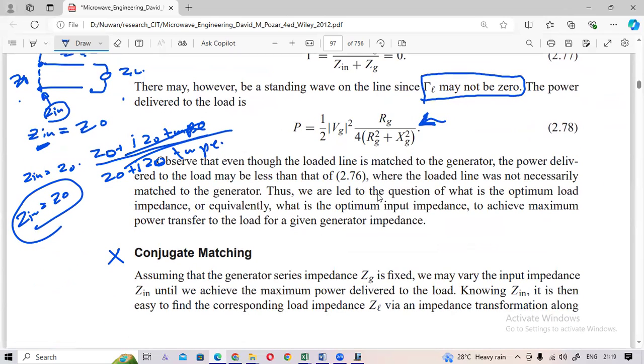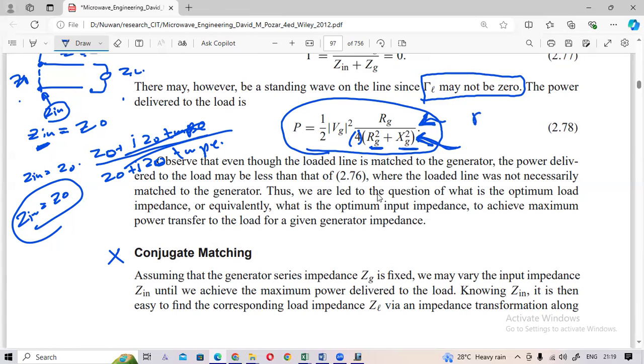Okay. So this equation you can get. 2 Rg square, that is 4. 2 Xg square, that is again 4. So you can get this 4 out, and you will have Rg square, Xg square. You no need to remember this equation, but you can see how this equation was derived.